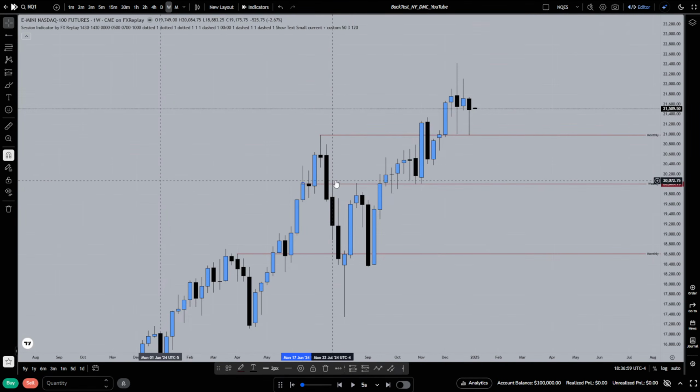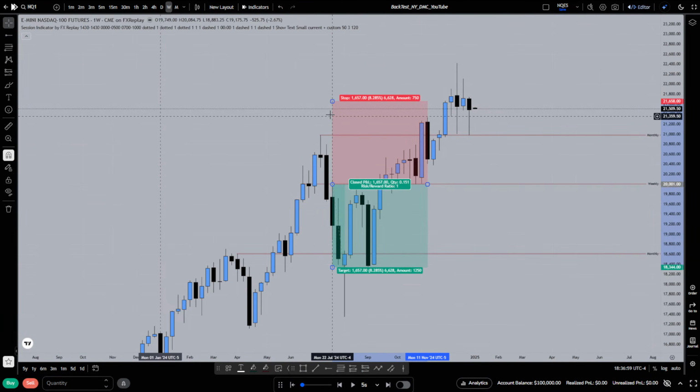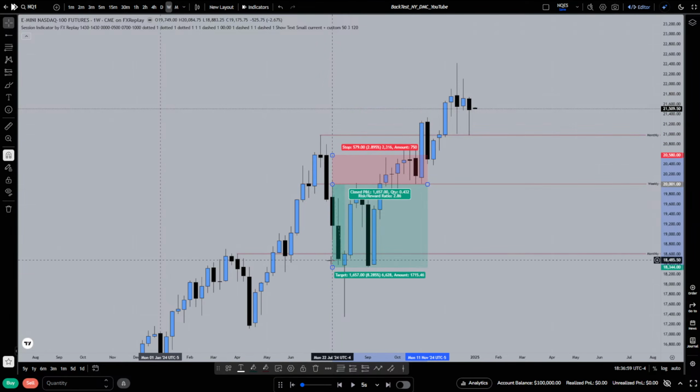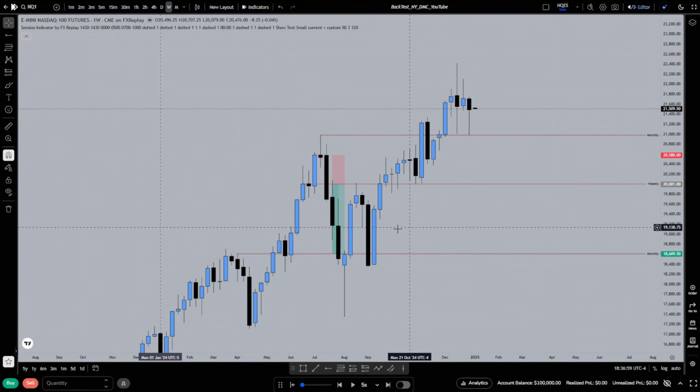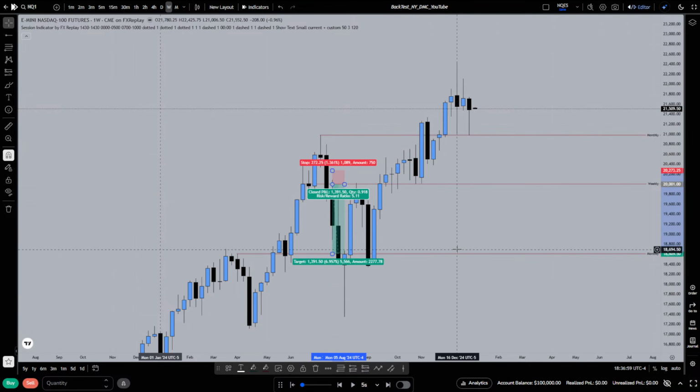And here's the first touch, or first retest, which could have been kind of like a trade candidate. Maybe something like this, or something like this.